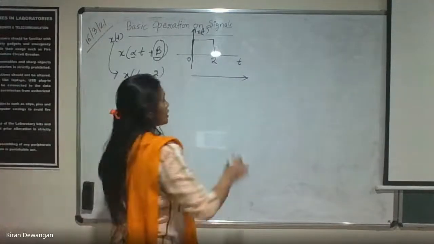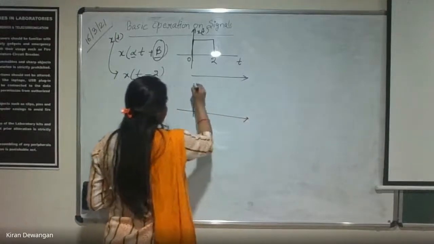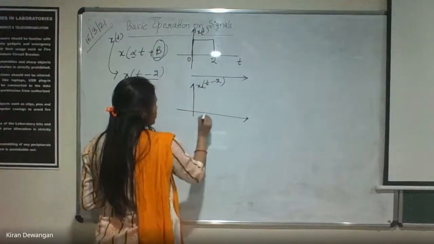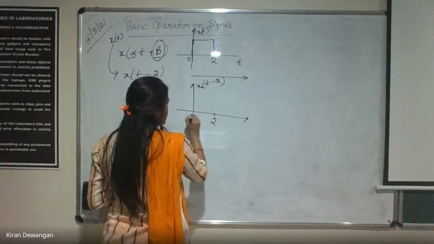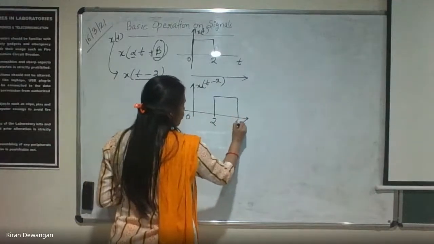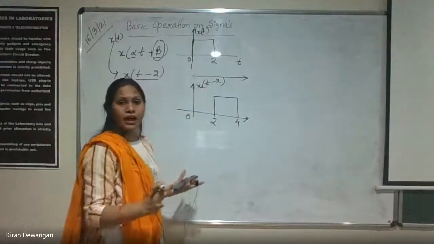Finally, when we are plotting x of t minus 2, it will start from 2 to 4. The entire signal will remain as it is.